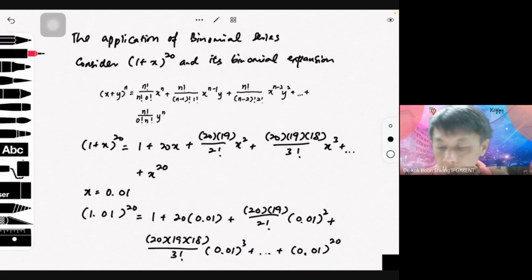Usually we will take up to 3 significant figures, or it's better to take up to 3 decimal places.